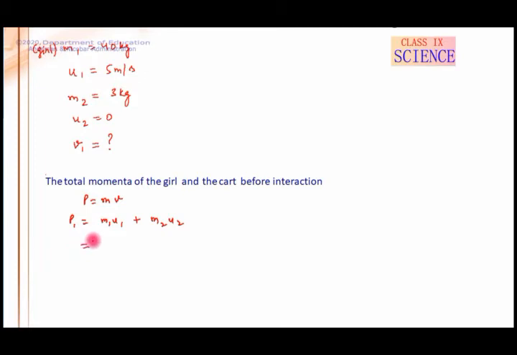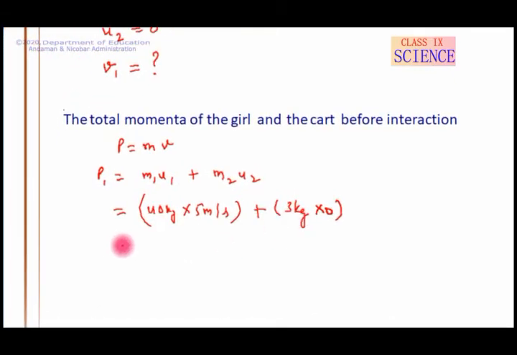We have m1 as 40 kg and initial velocity of 5 meter per second, right, plus mass of the cart 3 kg into 0. So the entire term gets 0, right. So here we write 4 5s are 20. So we will get 200 kg meter per second. So this is the total momentum of the girl and the cart before interaction.